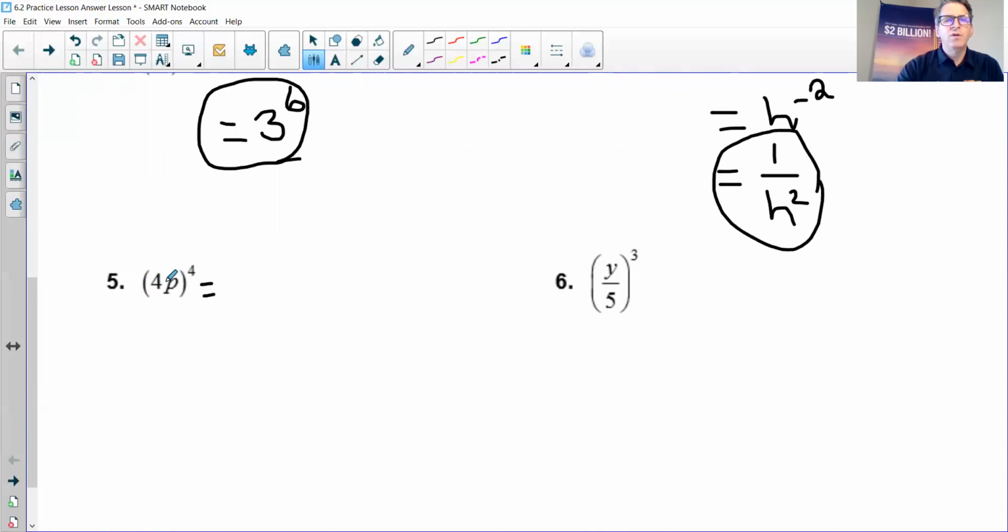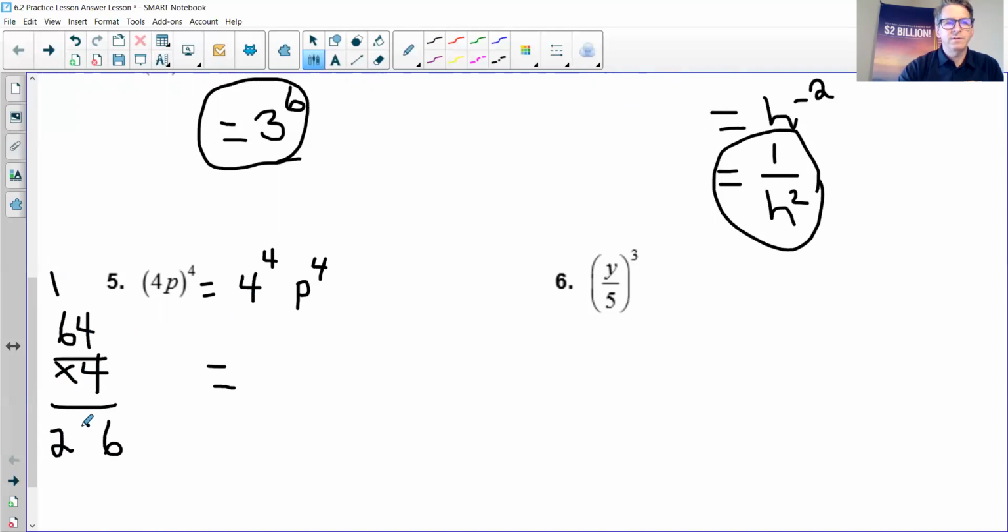So the 4 is raised to the 4th, and the p is raised to the 4th. 4 to the fourth: 4 times 4 is 16, 16 times 4 is 64, and 64 times 4 is 256.